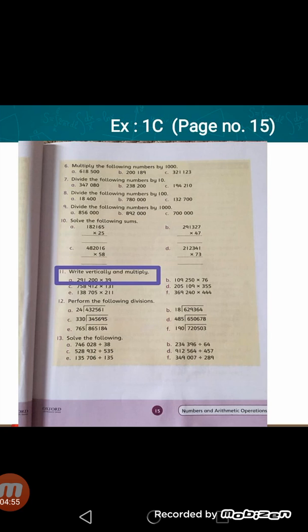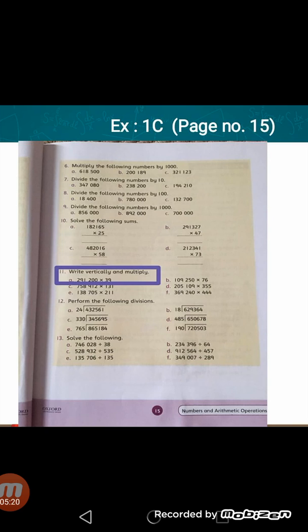Now see the next question, question number 11 part A. Now see students, the question is given in horizontal form and we have to multiply both values. So what will be the first step? First of all, you will write the question in vertical form and then you will start multiplication.